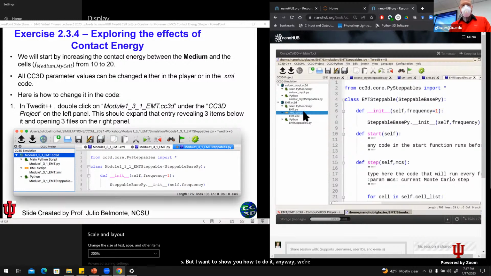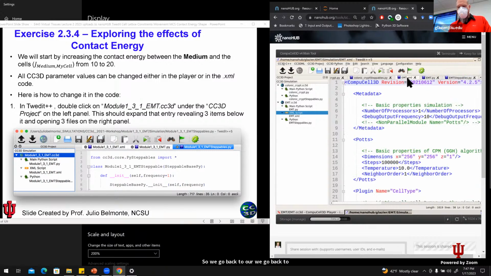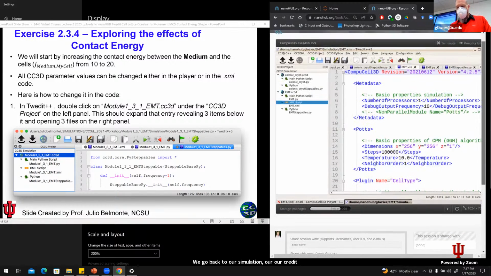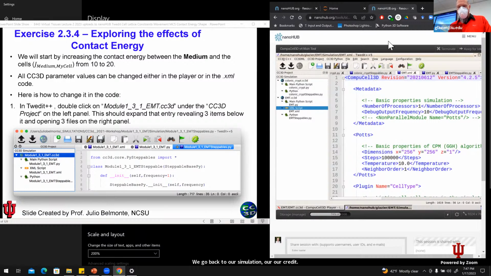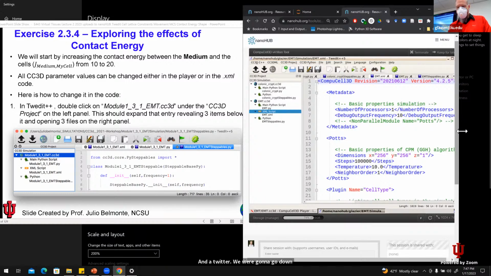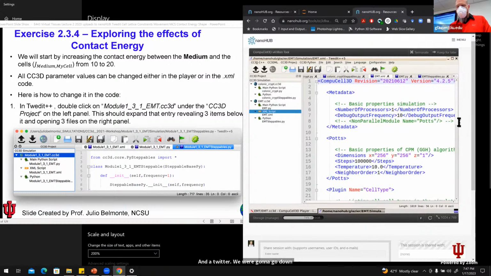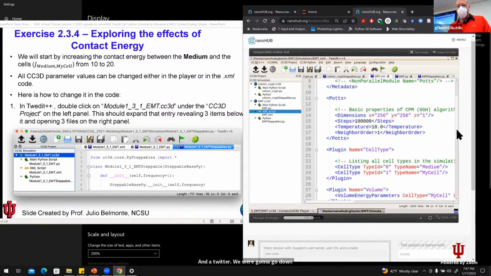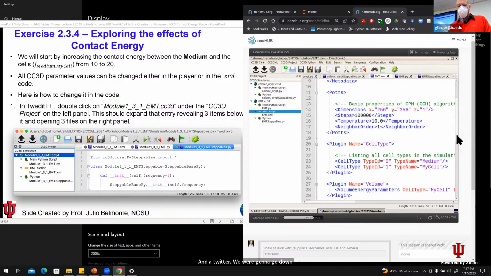So we go back to our simulation, our Twit. And in Twit, we are going to scroll down. I have to change my font.